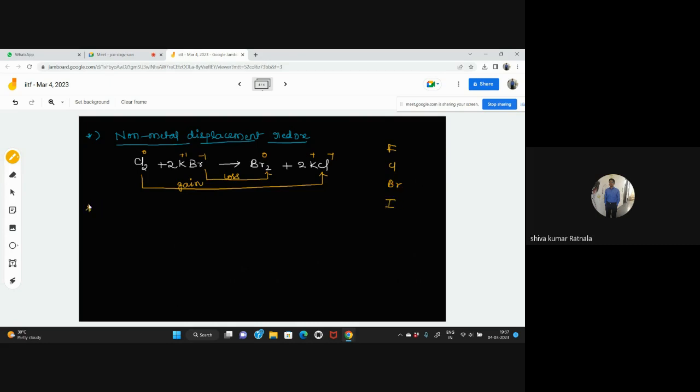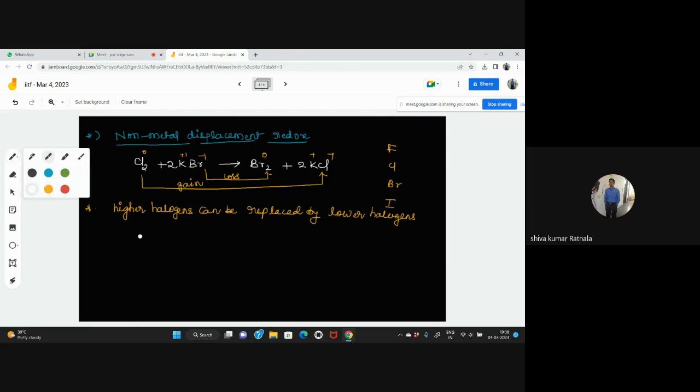The point is that higher halogens can displace lower halogens. See here, this is a higher halogen, so it can replace the other. Now let me take another reaction.